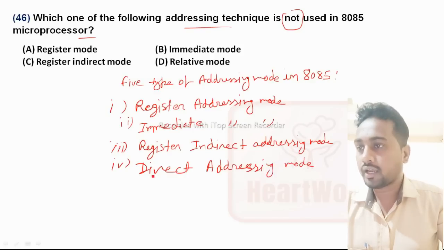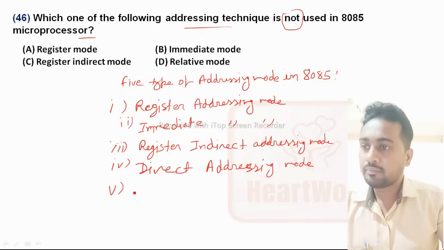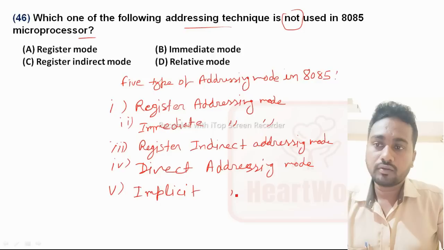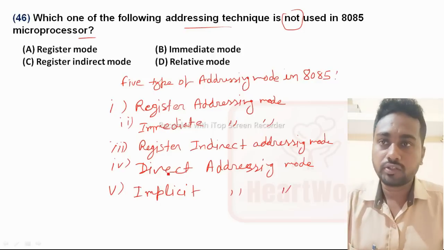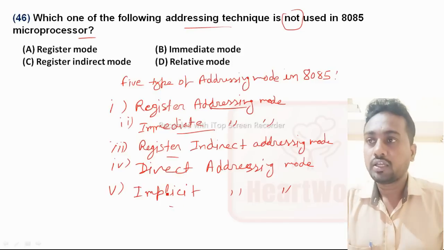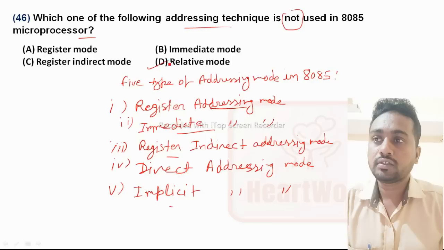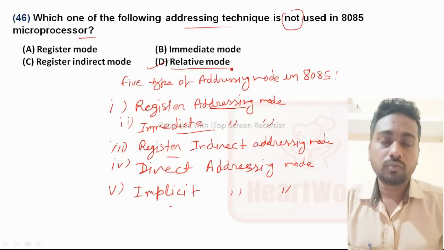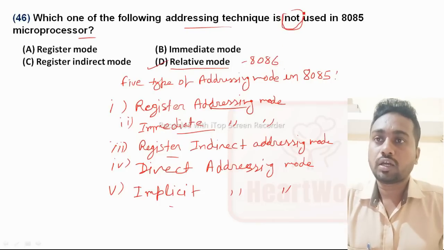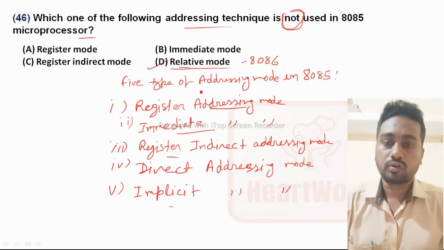And the last one is implicit addressing mode. So there are 5 types of addressing mode in the 8085: register addressing mode, immediate addressing mode, register indirect addressing mode, direct addressing mode, and implicit addressing mode. In these options, option D is relative mode. This relative mode is for the 8086 microprocessor. So here, what is not used in the 8085 is relative mode.